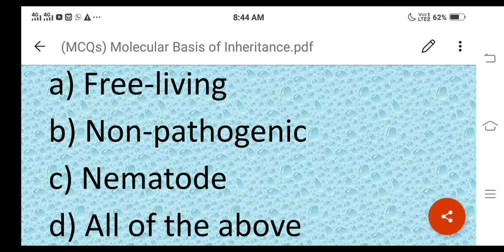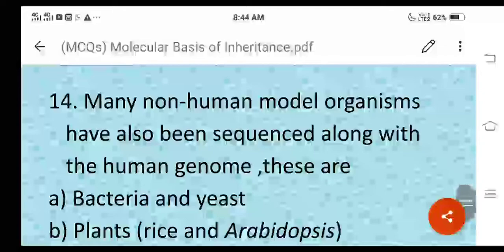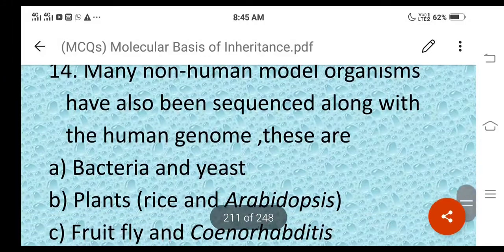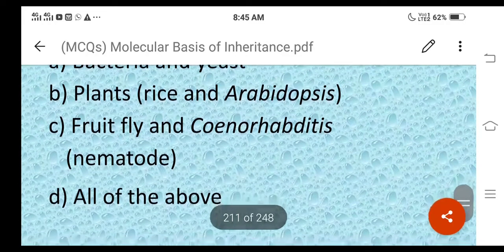Then question number 14. Many non-human model organisms have also been sequenced along with the human genome. These are bacteria and yeast, then plants, rice and Arabidopsis, then fruit fly and Caenorhabditis, a nematode. The fourth option is all of the above.